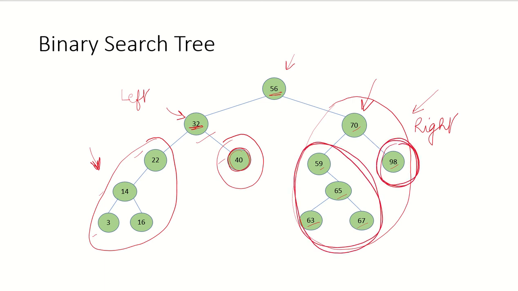The values in the left subtree are 59, 65, 63 and 67, which are less than 70, and in the right subtree it is 98, which is more than 70. You can check the same thing for the node having value 22. This is the left subtree, which has a value less than the root node.